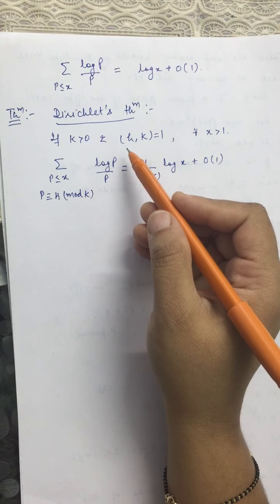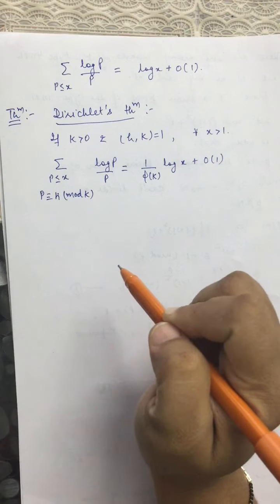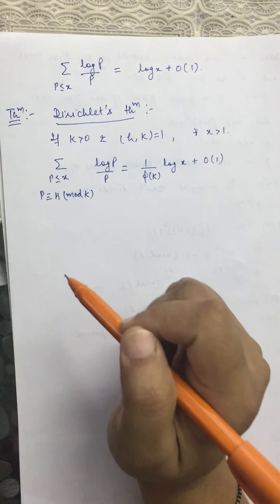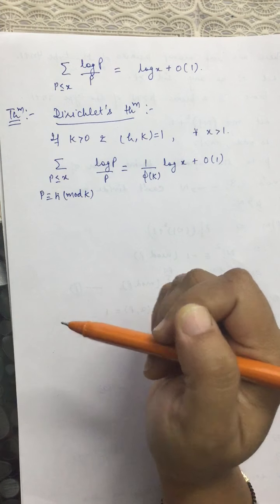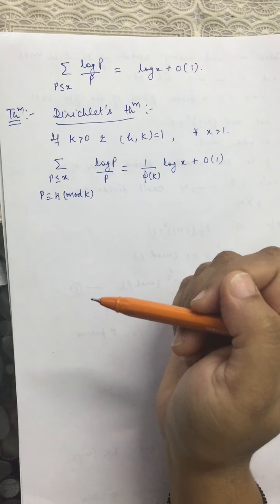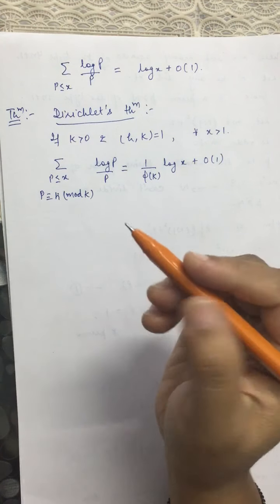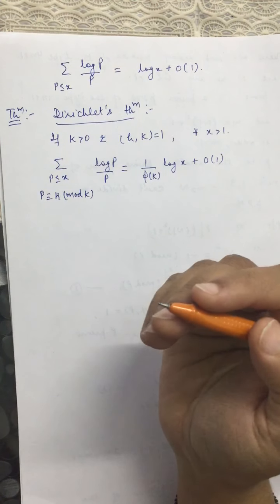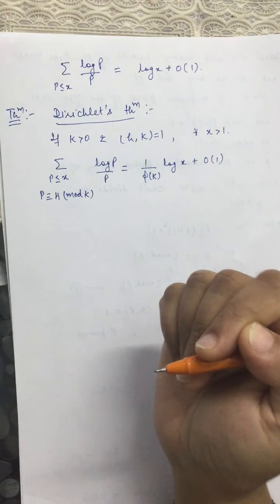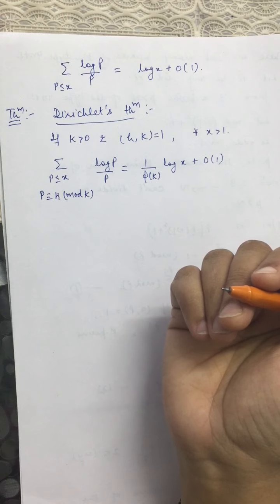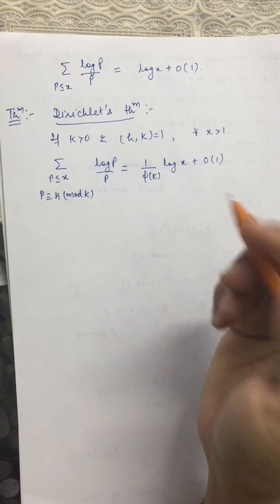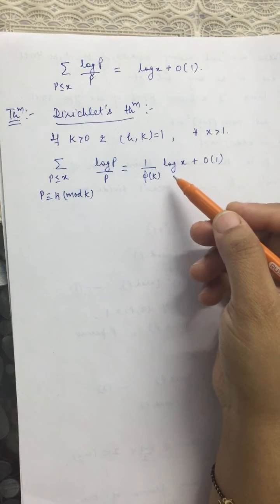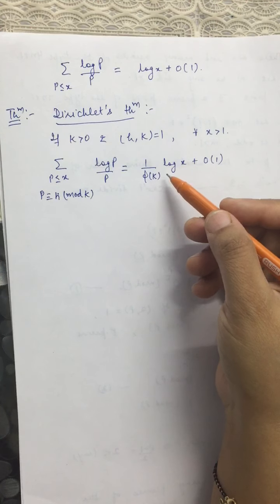That means h belongs to the reduced residue system modulo k. So h can take phi k different values from that reduced residue system, and for each value of h the sum remains the same because it is independent of h.